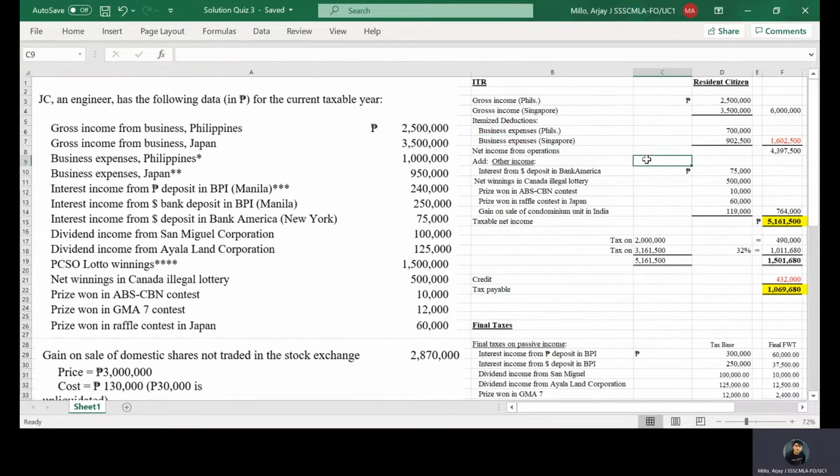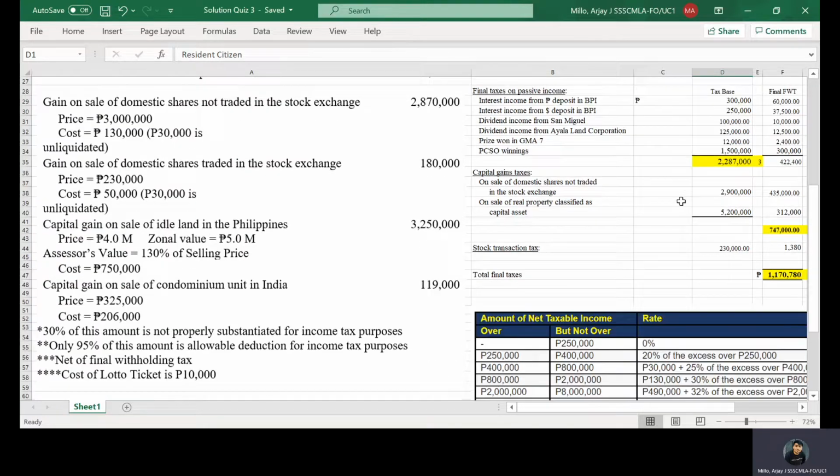First, what if he is a resident citizen? How are we going to compute his income tax due, reportable in his ITR, and also his final taxes?